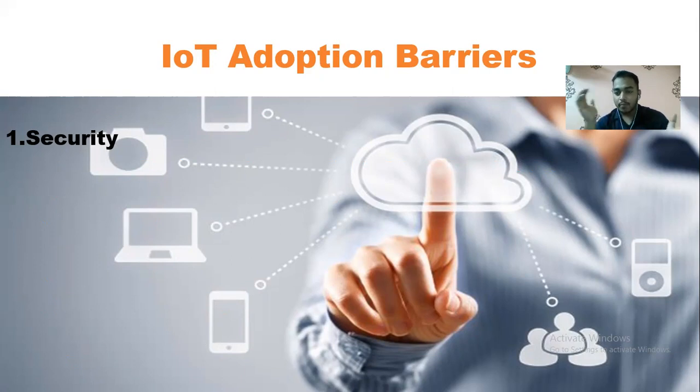IoT is made up of multiple systems. If a single system collapses, then all systems will collapse. Understand what I want to tell you? If you are using a security system built on IoT technology, and one component of that security system collapses, then your whole system collapses. So I think security is the first IoT adoption barrier.